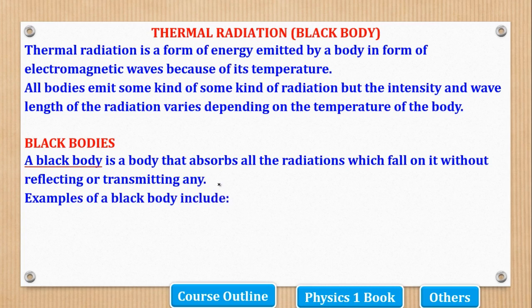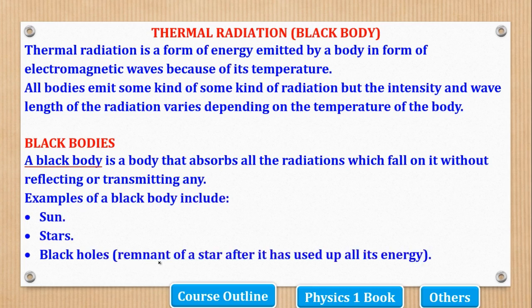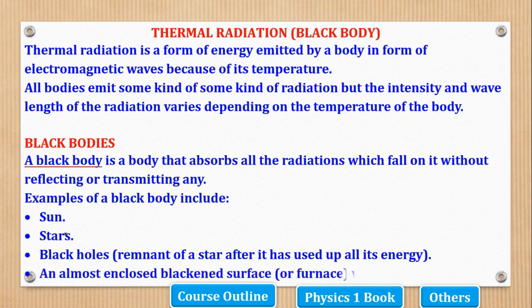Examples of a black body include the sun, the stars, and black holes, that is the remnant of a star after it has used up all its energy. We shall use mainly the sun and the star to act as a black body in the calculations. An enclosed blackened surface with a small hole is also a black body.